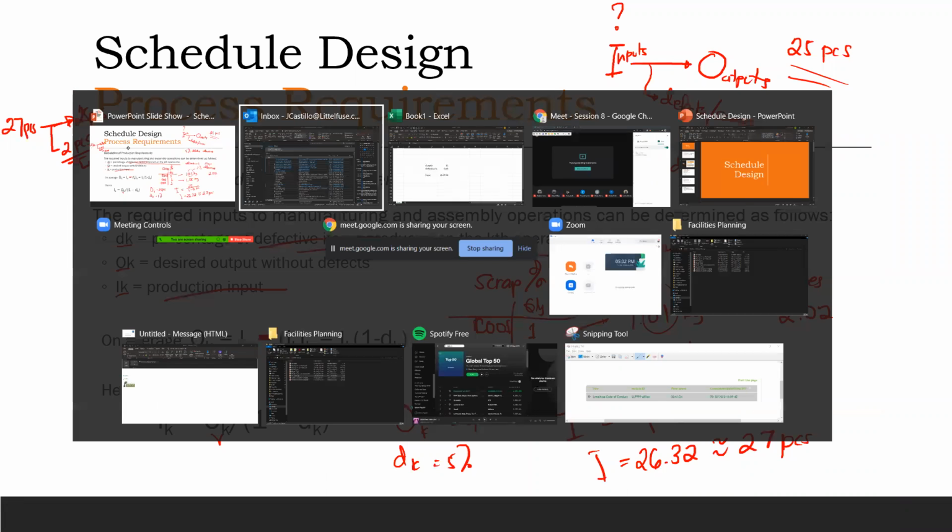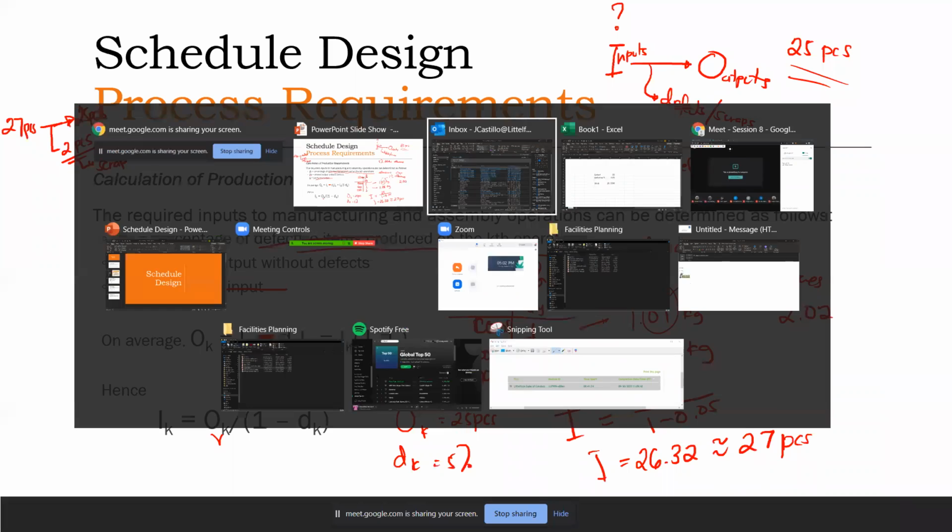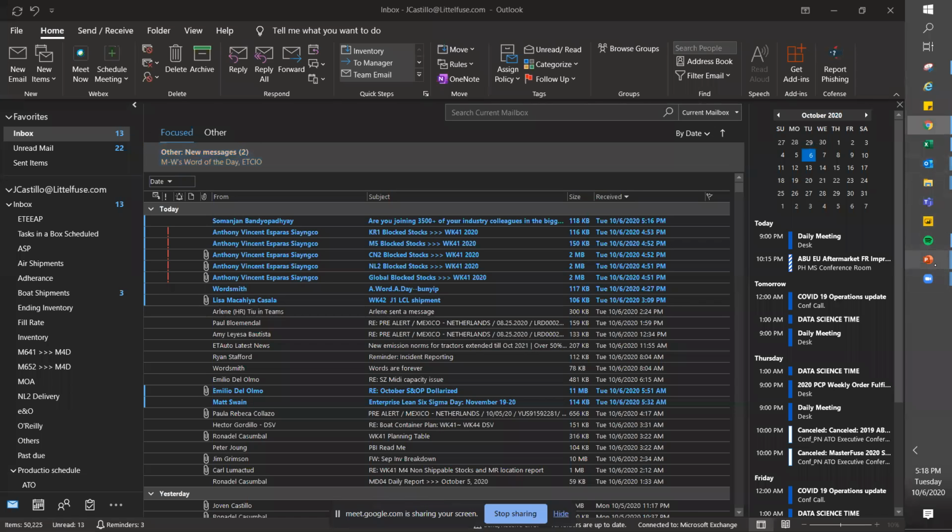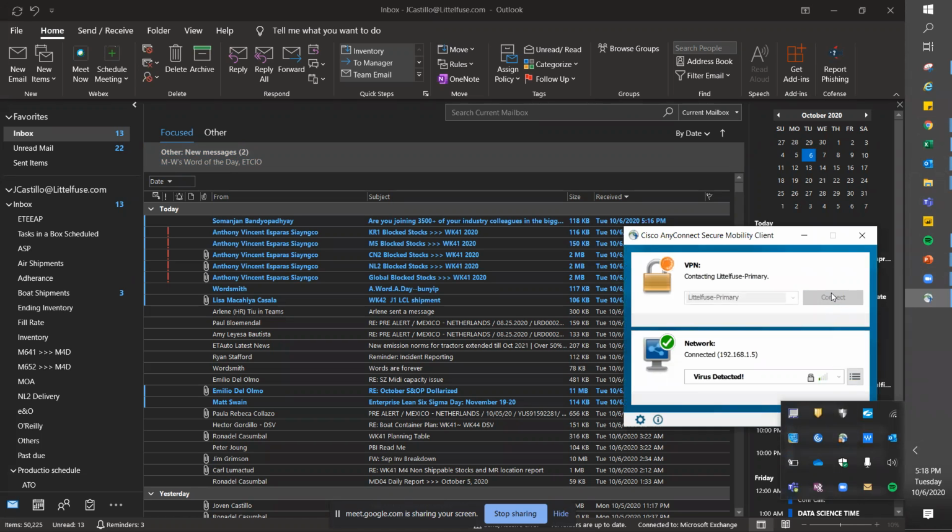Hold on, ipapakita ko sa inyo kung anong importance yan sa planning. Log-in lang ako sa system namin na.